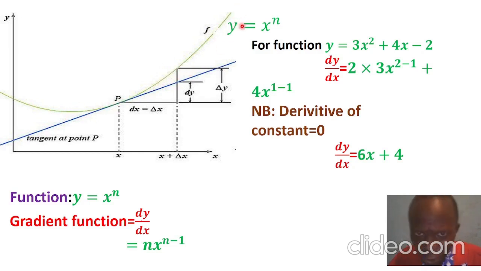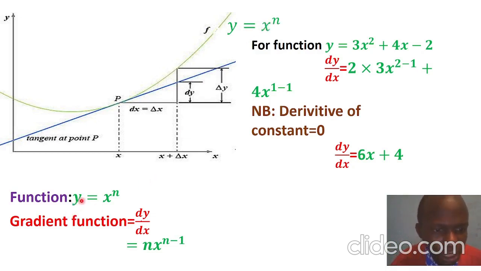Let's say the equation of the curve is given by y equals x to the power n. Now, we are going to talk about differentiation of a polynomial. This is a polynomial function, y equals x to the power n.